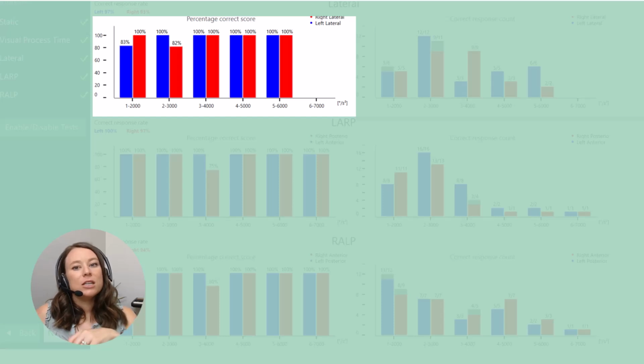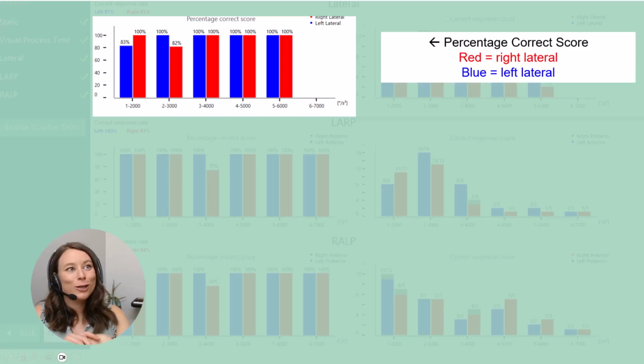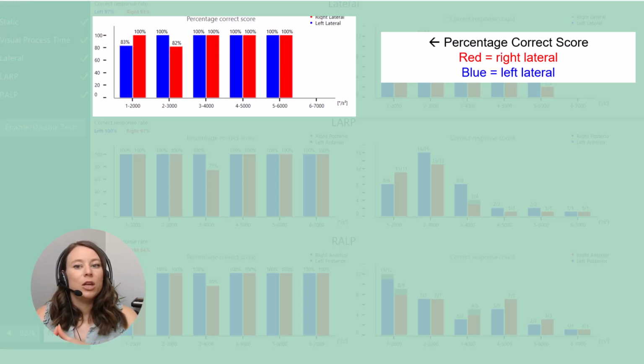Now, the percentage correct score, again, just looks at how many are right and how many are wrong in a percentage format. You'll notice that the red bars represent our right lateral head movements, and then the blue represents left lateral head movements. And if you're an audiologist like me, or you've been using our equipment for a while, you're used to red being right and blue being left.